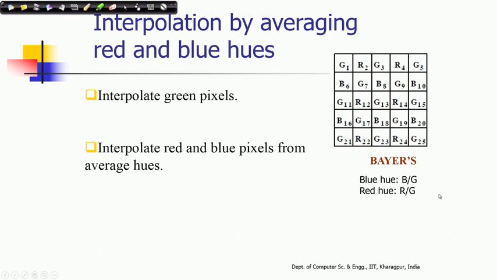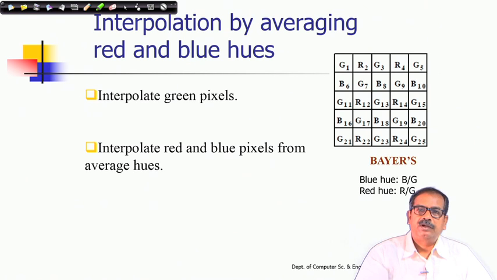So, next we will be discussing a technique where we would like to exploit the correlation between green and blue and green and red samples. This technique considers that at every point you can estimate hue, and you are averaging over the corresponding hue.